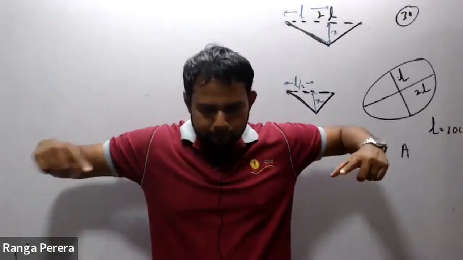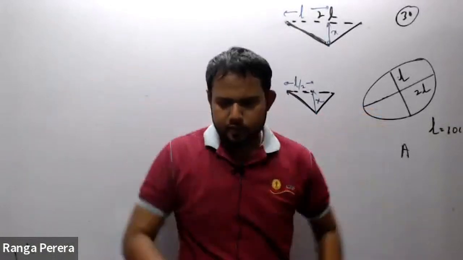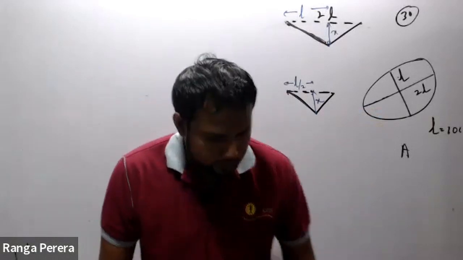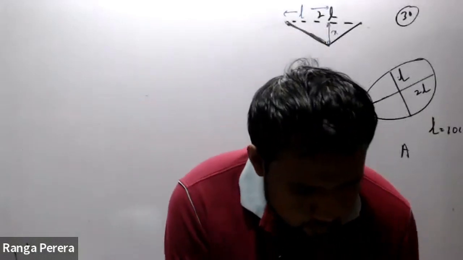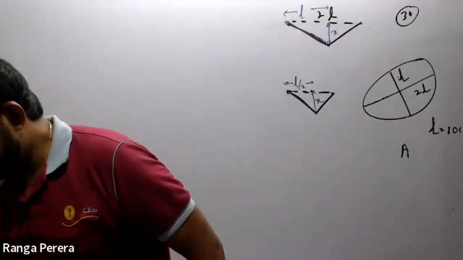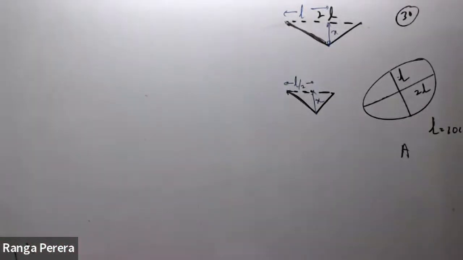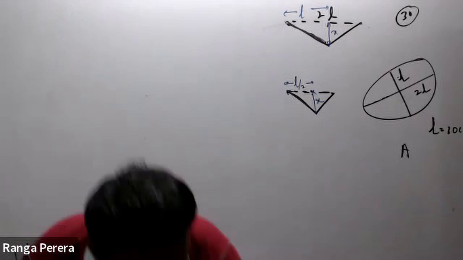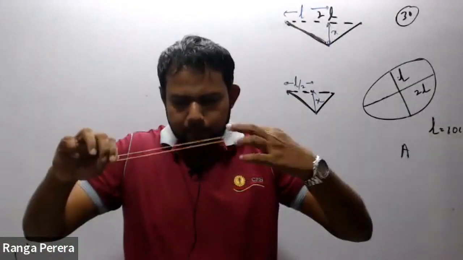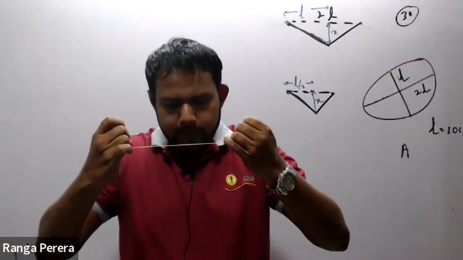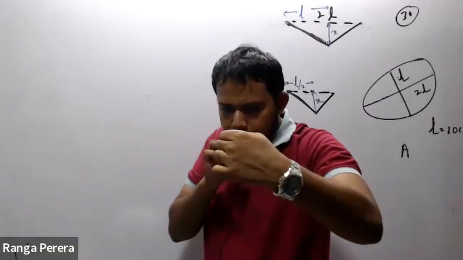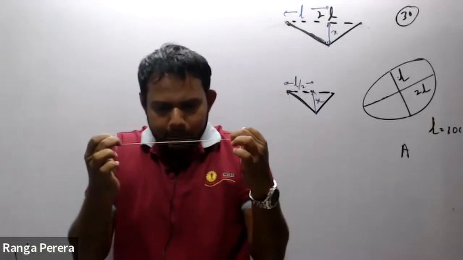You have a string. You press it. I will take a rubber strip. Let's say you have a rubber strip like this. There's another rubber strip perpendicular to that. Let's imagine one thing.